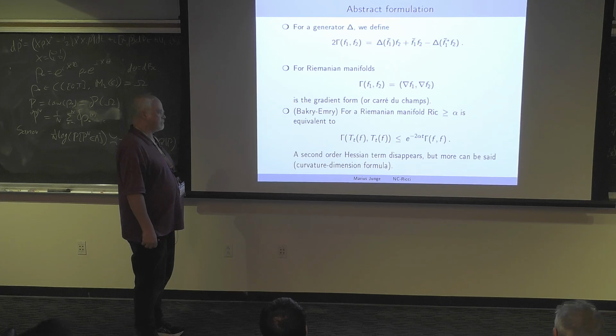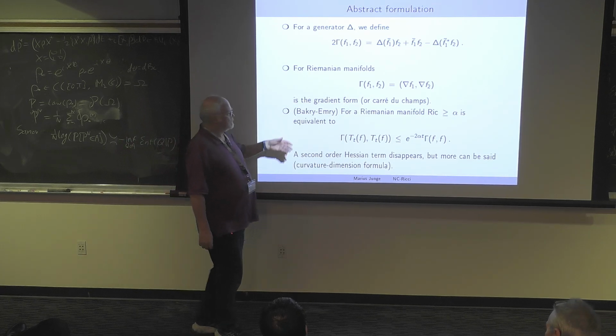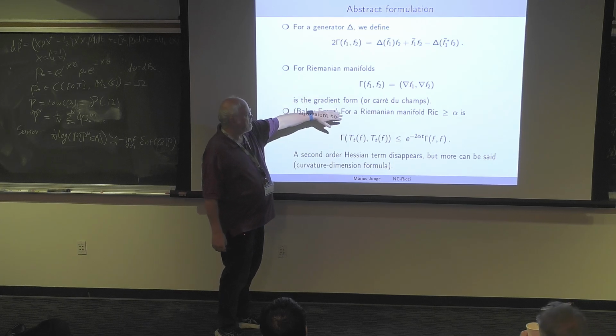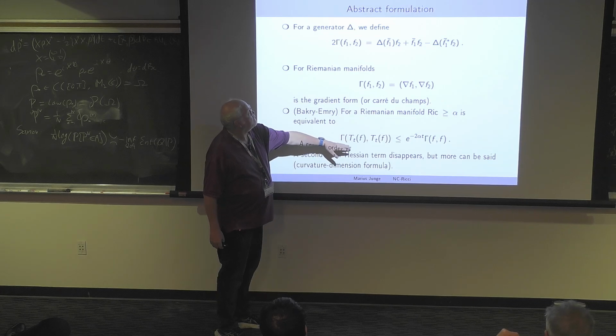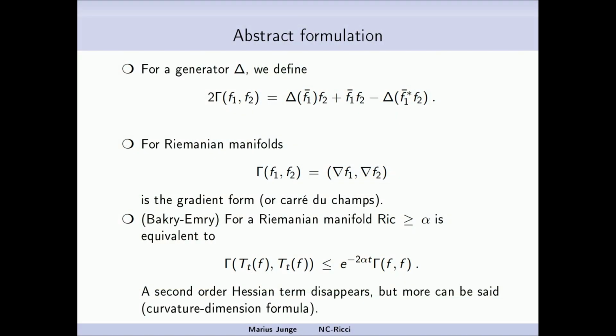The starting point of Bakry-Émery theory is to see that there is a relation. If you have a Riemannian manifold with positive curvature, then if you apply the semigroup, here e to the minus t delta, it contracts the gradient norm. So Riemann curvature gives you this contraction inequality.